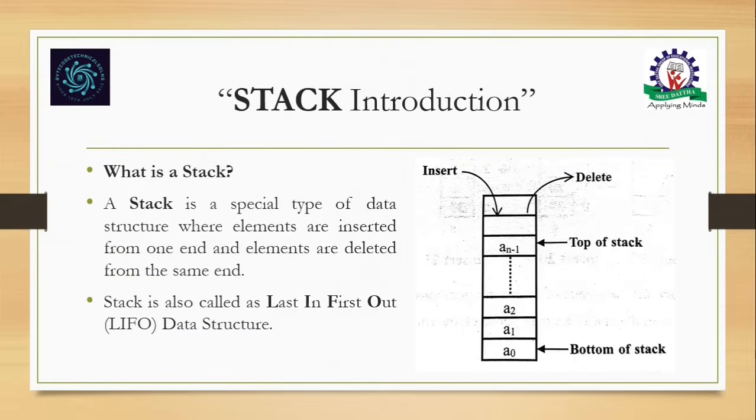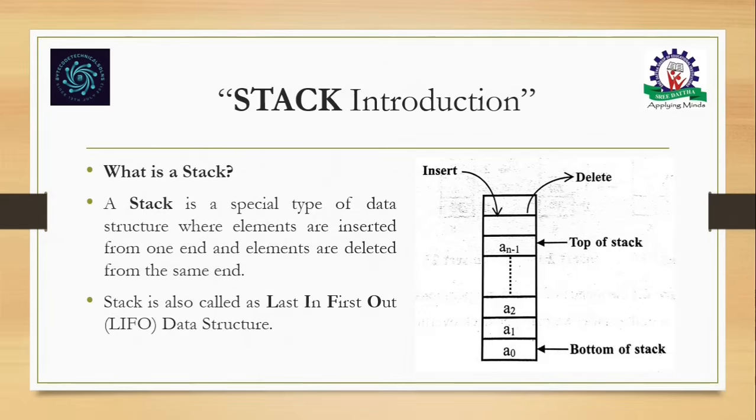So basically, as we understood in the previous examples, stack is a special type of data structure. What type of data structure is it? It is a linear data structure. Here the elements are inserted from one end, and from the same end the elements are deleted. That is, from the top of the stack we insert a new element, and from the same end we delete the element.